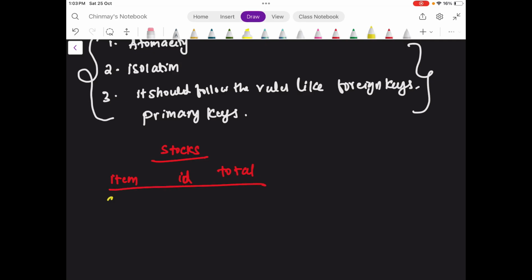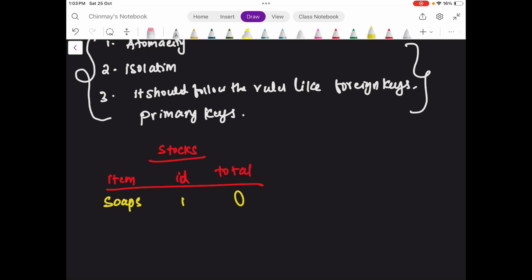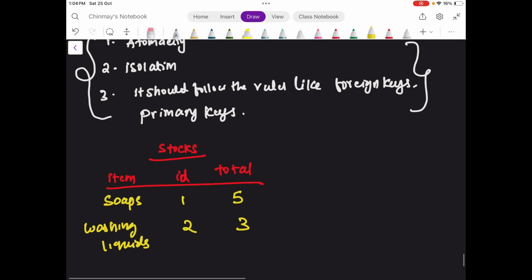We have soaps: item ID is 1, total is 5. We have washing liquids: item ID is 2, we have stocks as 3. Let's consider this is 5.